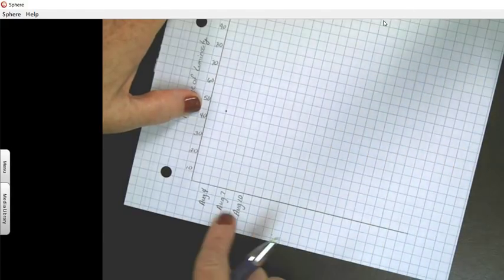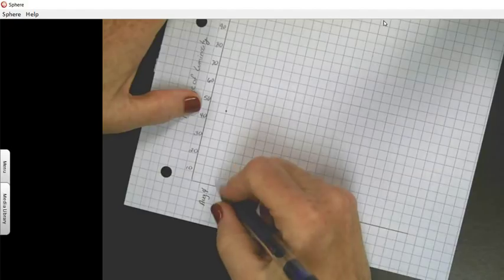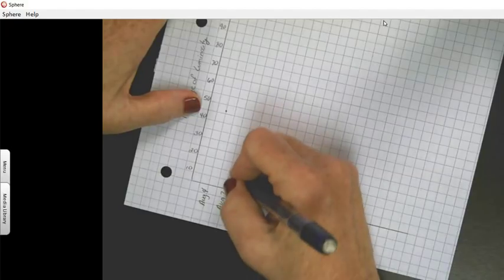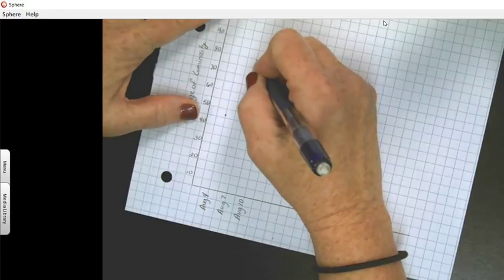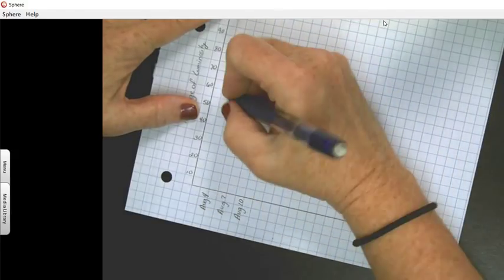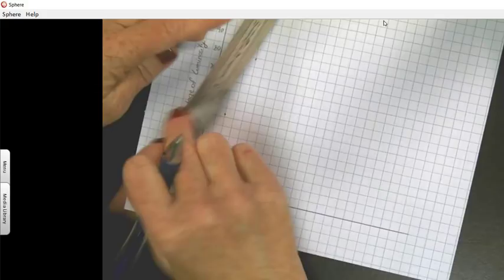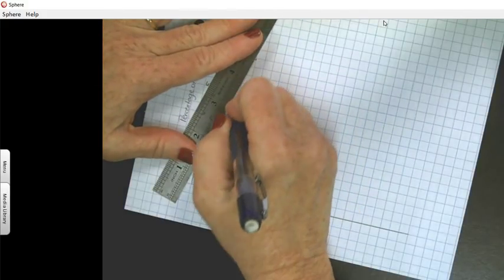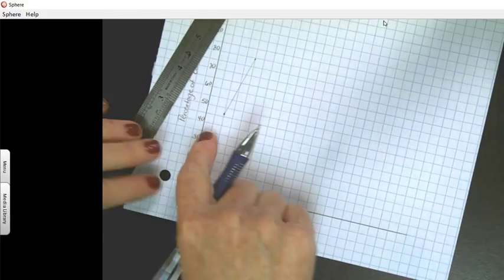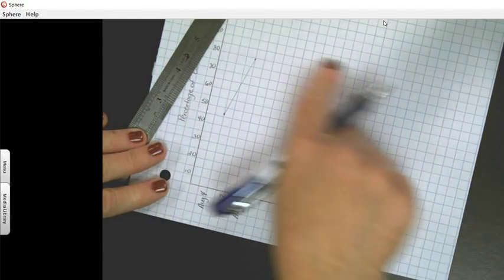Then, August 7th, we said was 80.2. So I'm going to go on my line, and I'm going to go up to 80, and I'm going to put a point. And then I'm going to use my ruler and connect my points. And I'm going to do that for my whole database.